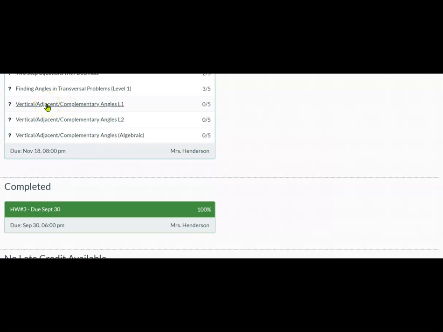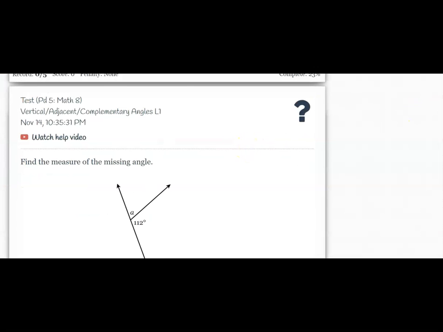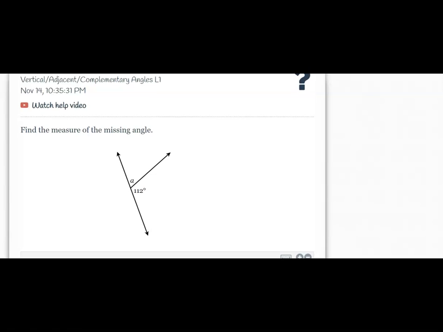Vertical, adjacent, and complementary angles. So we need to decide whether they are vertical, equal, adjacent, supplementary, or adjacent, complementary. So when I mark these angles here, I get acute and obtuse. I have one of each, and they both make this straight line.